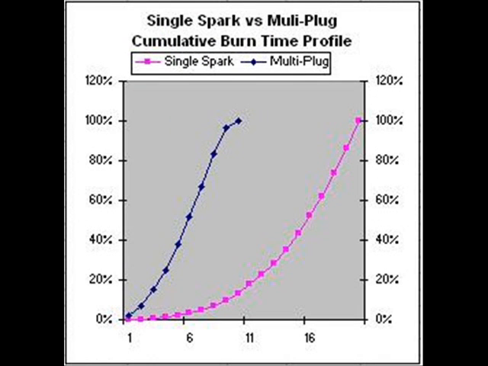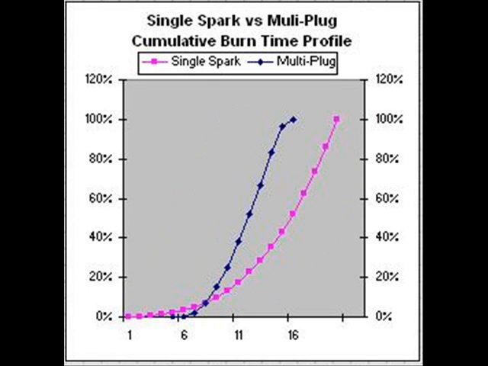Comparing the single spark and the multi-spark plug cumulative graphs, both the shorter duration and the quicker pace of the multi-spark plug are dramatically apparent. If we bring the multi-spark plug profile back to top dead center, we see that except for the first few degrees, the multi-spark plug significantly outperforms a single spark setup.